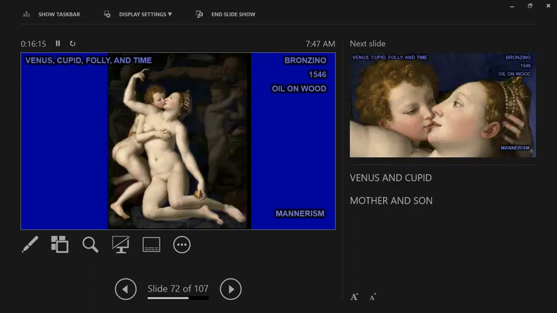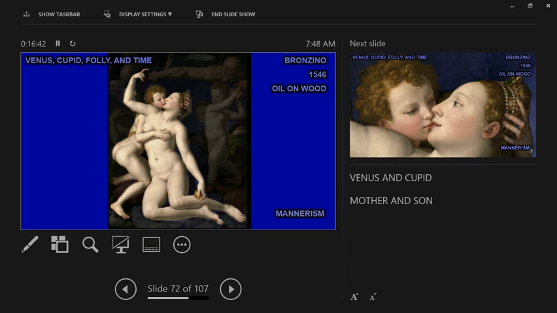And I want to remind you who these two people are. So Venus and Cupid, Aphrodite and Eros. So Aphrodite is the goddess of, what is she the goddess of? Beauty, yes. And what else? Yes, and marriage and love.